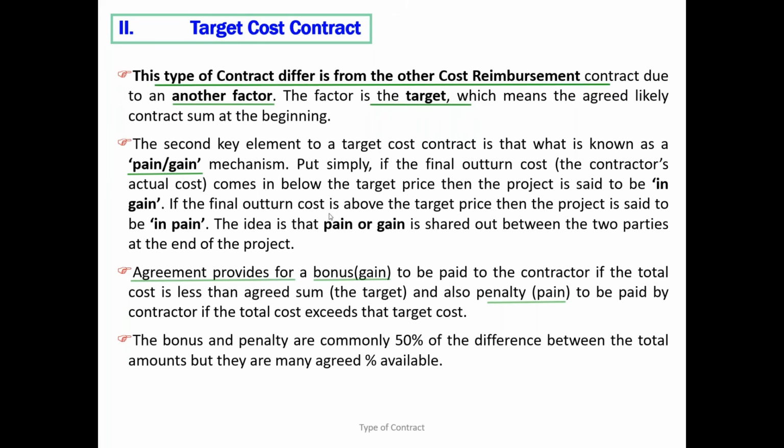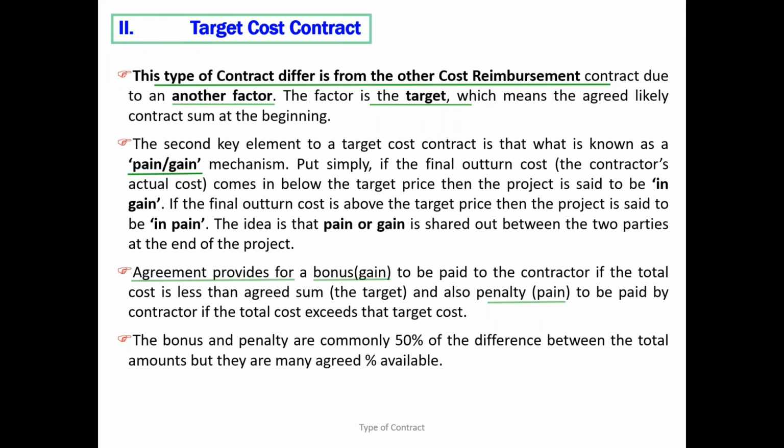So there will be a problem. Now the contractor will come and say, okay, you don't have the scope of work. How can we set 100 million as a target? So the contractor is always trying to fix the target cost very high, whereas the employer is always trying to fix the target cost as low as possible. So there will be a problem, isn't it, to fix the target cost? What do you think?